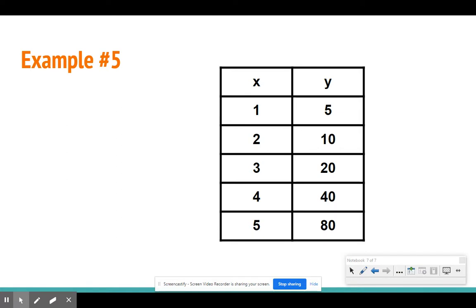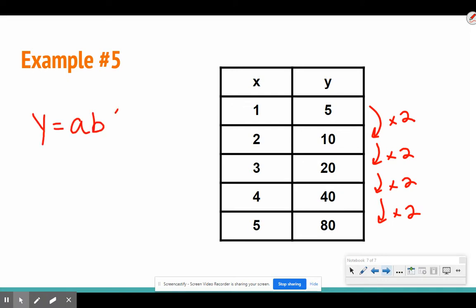Next example. Again, pause the video to take notes and sketch the table. I'm multiplying by 2 all the way down the table. So I'm going to use y equals ab to the power of x.